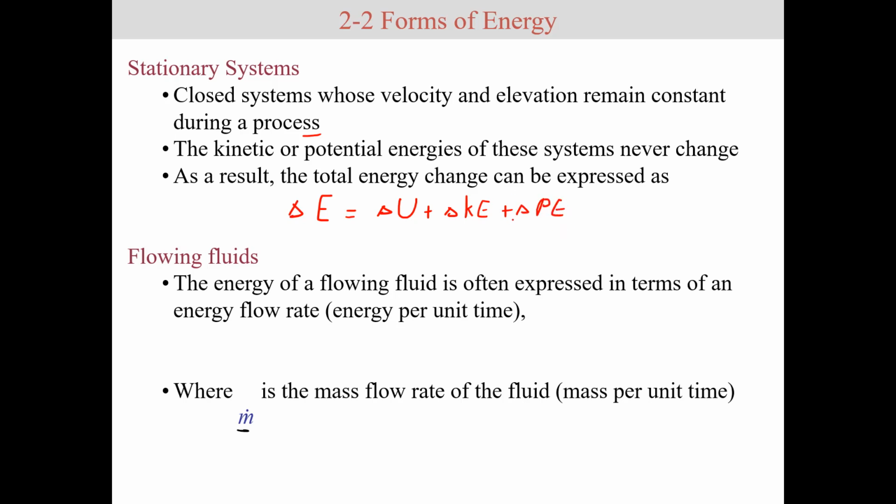So if my system is stationary, it's not moving, or if I have a system that's moving and it's not changing height or speed, my kinetic and potential energy changes are 0, which results in the fact that the change in total energy of the system has to be equal to the change in internal energy. And that's what's great about the first law is that we make certain assumptions. So this delta E is part of the whole energy balance. We looked earlier, and I'm going to define the E in and E outs later, but if I have a system, if I have a potato, the energy into the potato minus the energy out of the potato equals the change in energy of the potato.